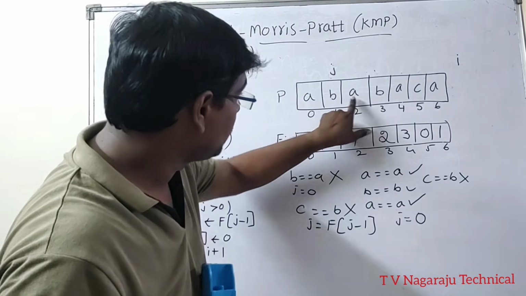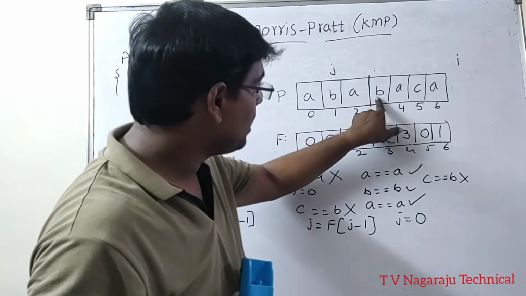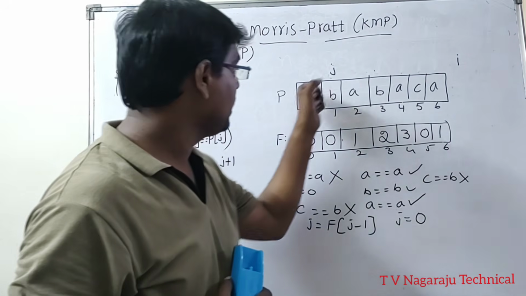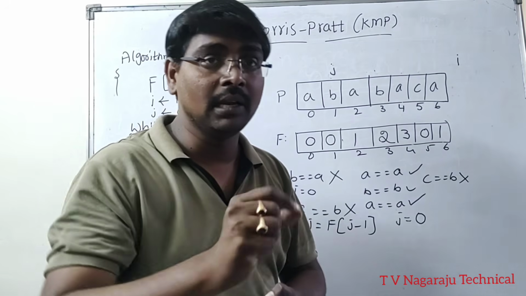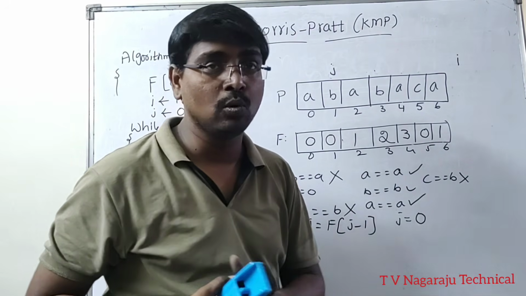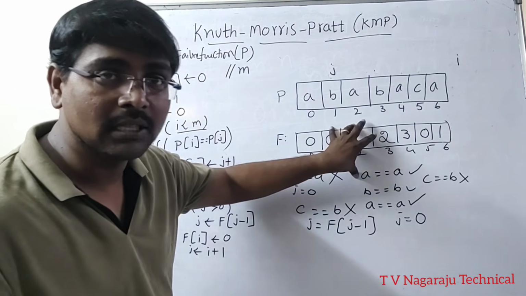Now A is a continuation: A, B, A. Here also A, B, A. So, if the pattern is repeated, according to the repetition we are increasing the value. So by using this function, we are constructing the LPS table.